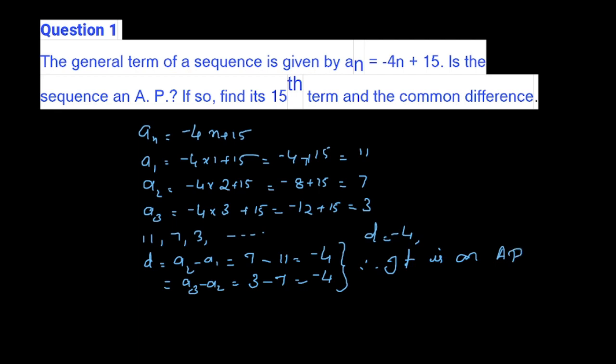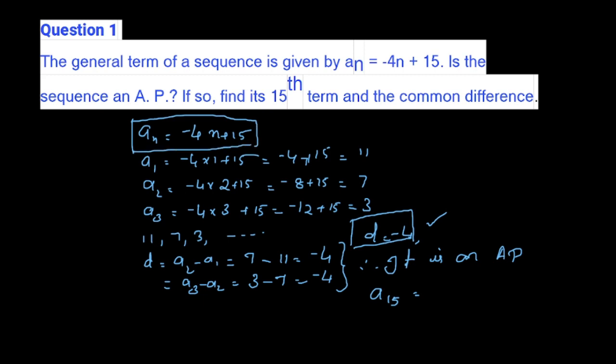Now the second question is, if so, find its 15th term and the common difference. The common difference we found already: D is equal to minus 4. This is the common difference. Now we want to find the 15th term, A15. The general term given in the question is minus 4n plus 15.